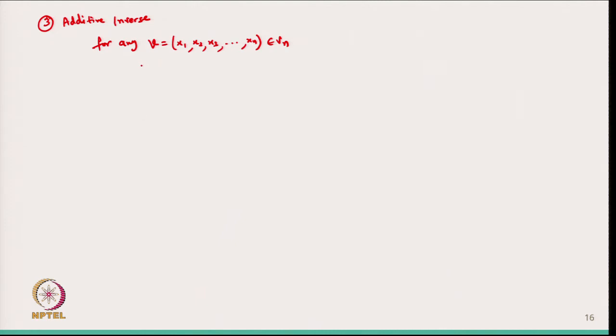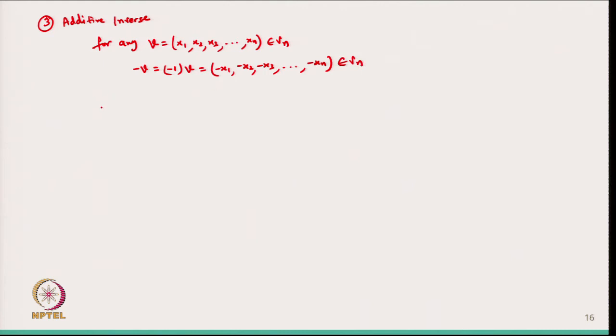Now we can define a vector minus v. In the minus v, I am taking minus 1 multiplied by v, and because I have already defined the scalar multiplication, I can write this as minus x 1, minus x 2, minus x 3, up to minus x n, which also belongs to V n.